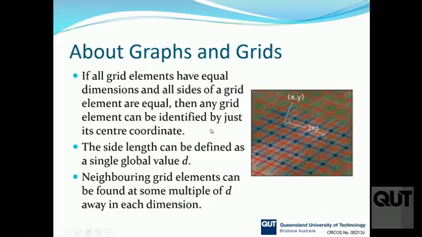So if we know what this vertex is as a location, we can simply add multiples of d in any direction that we're going, and as we go along, compute the coordinate of this new vertex. We don't have to actually store data to do it.